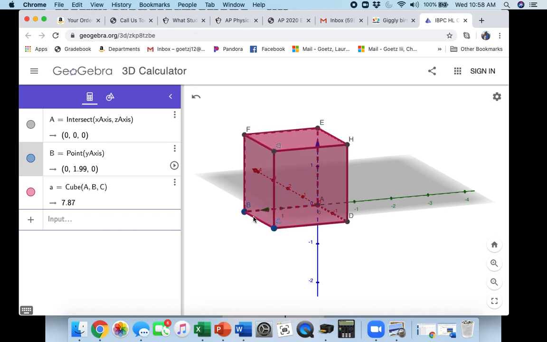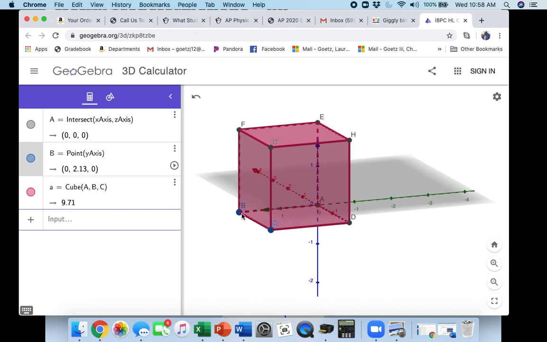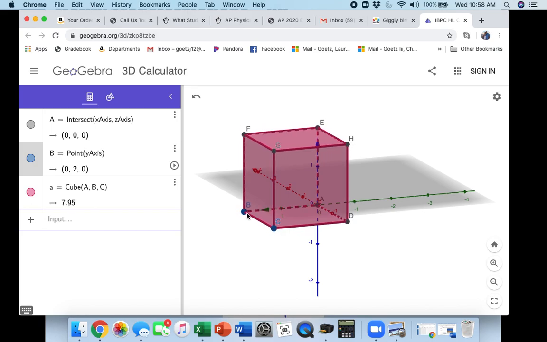Come on. Right, it obviously should be 8. There we go. You get it, right? The volume, if I scale this correctly, should be an 8.